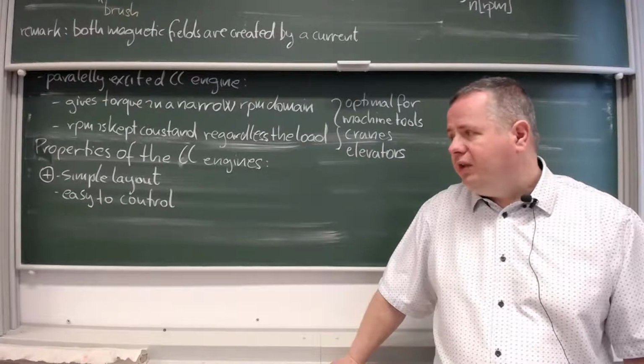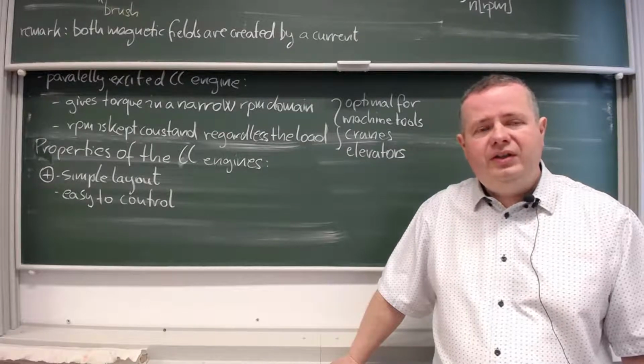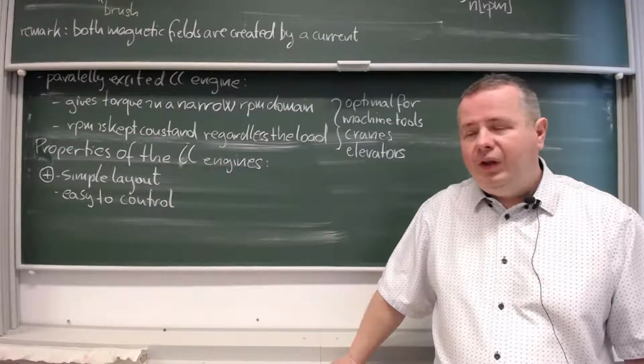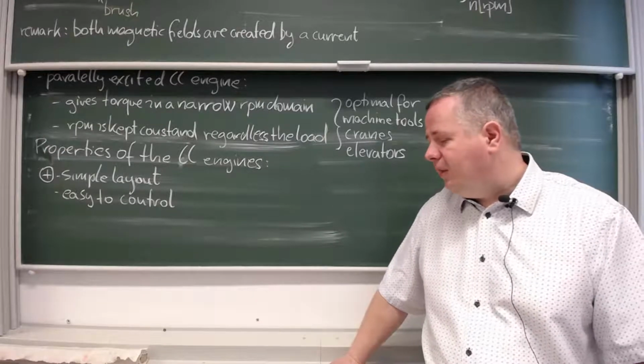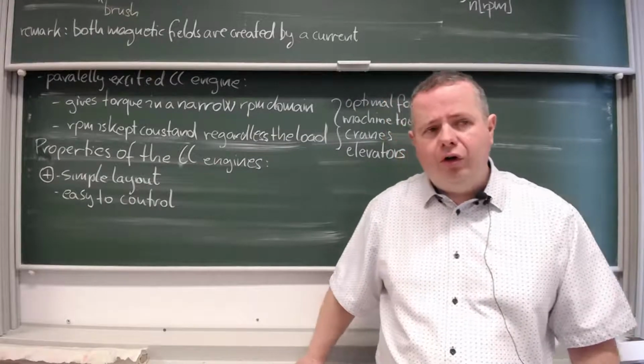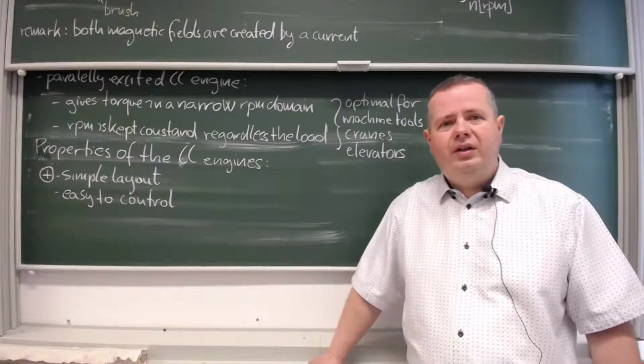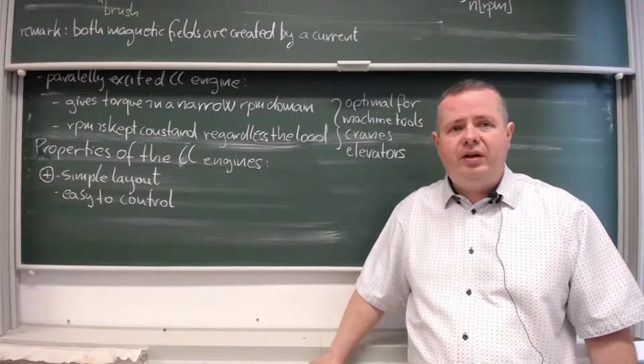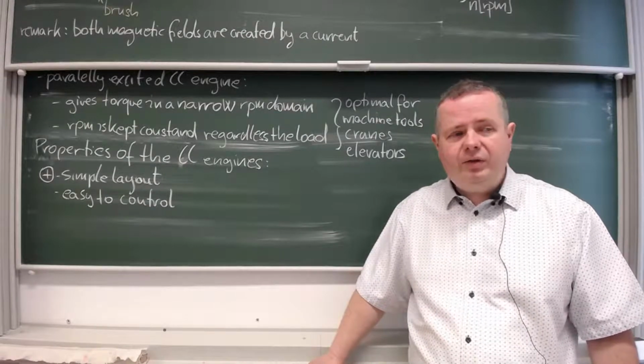And the control is the easiest possible. You get a series of resistances. If you put big resistance to the system, you get big current, strong current, big torque. If you put smaller resistance, you get smaller current, smaller torque, higher RPM. And that's all.